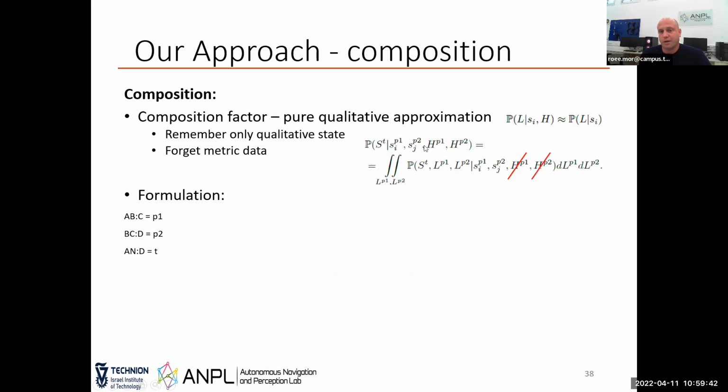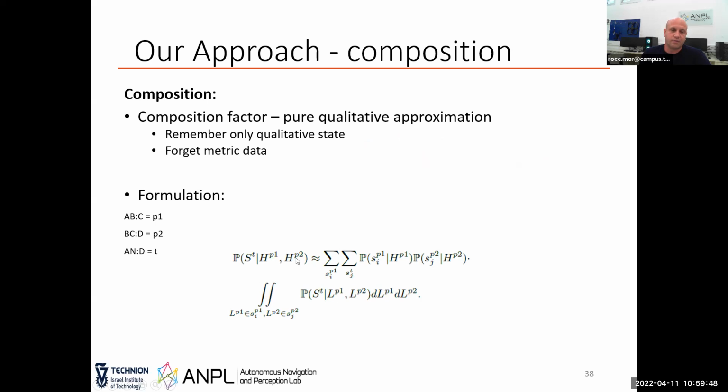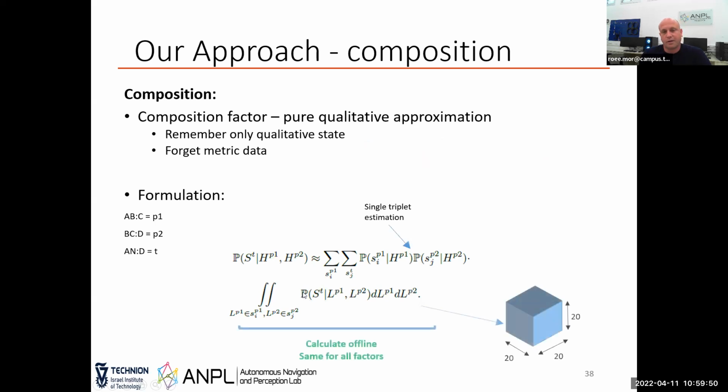If you do some algebra from this problem, you can get this formulation. I'm not going to explain how we got to it, but I'm going to explain the meaning. The meaning here is that we have a part that is the metric part, which integrates the actual metric locations of the two given triplets.